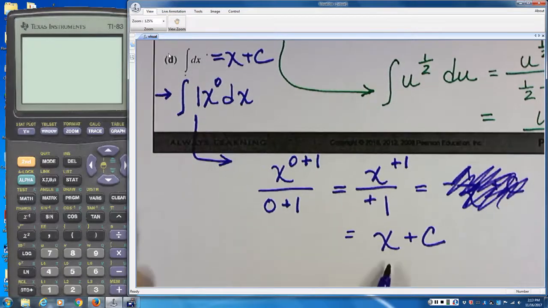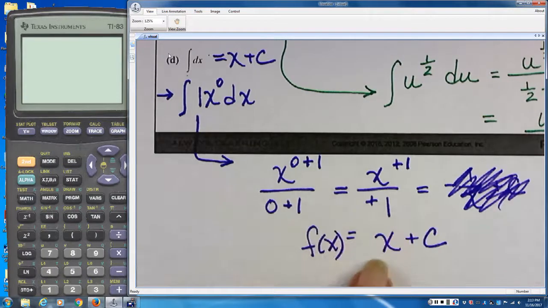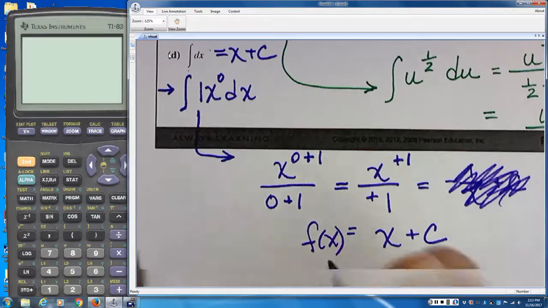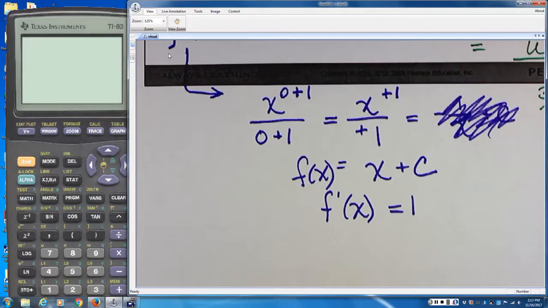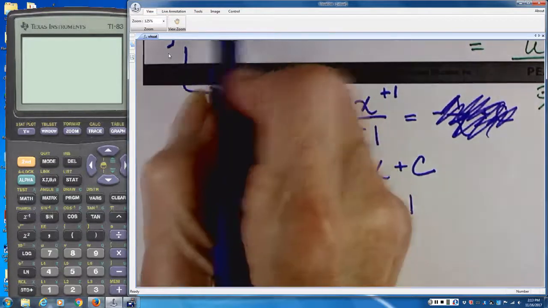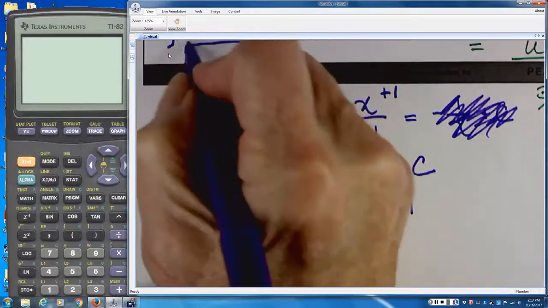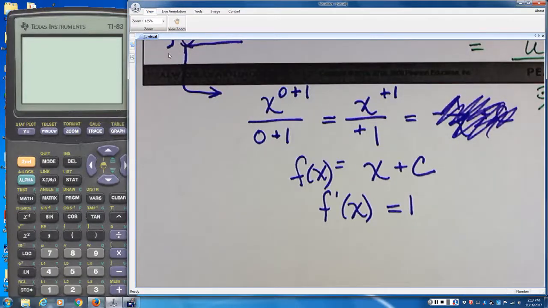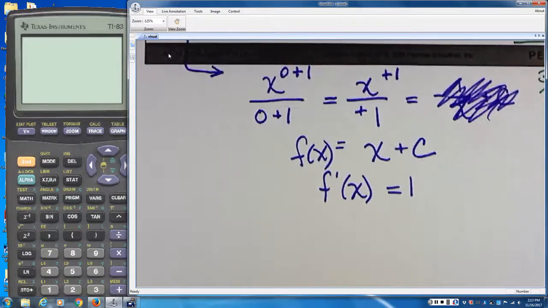If your function f of x is equal to x plus some constant, and you take its derivative, you get back 1. So its derivative, just like it says here, is just 1. And you can verify every one of them that way.